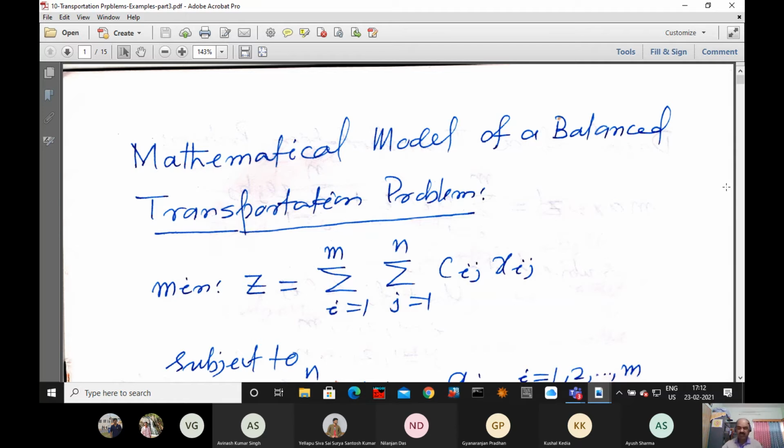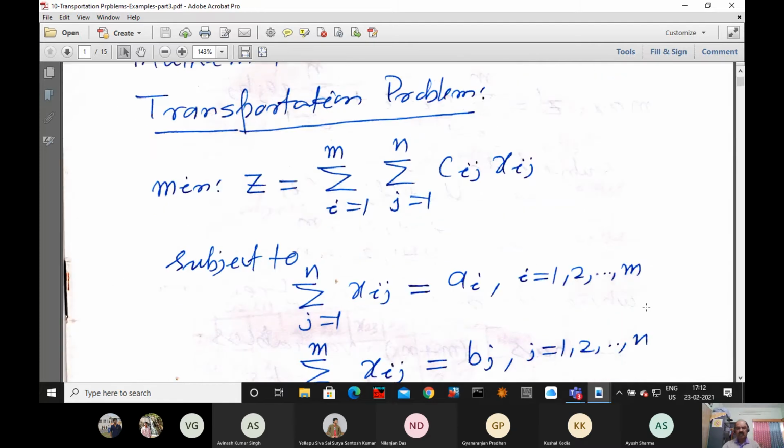Subject to what? Subject to the constraints like this: summation, j varies from 1 to n, xij equal to ai. This ai and bj are whole numbers. Availability: the amount of products available at source 1 equal to A1, source 2, A2, and so on, say there are m sources.